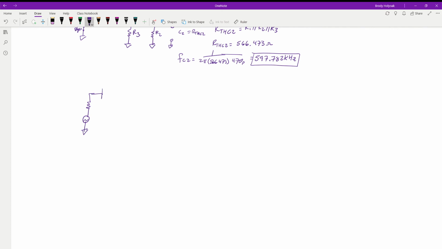We have capacitor 1, but capacitor 1 at this high frequency is going to be a short. We have R1, branches off into R3, R2. We have our capacitor 2. And then all those guys are going to ground, and our V out is right here. So we got R2, R3, R1, Rgen, Vgen.